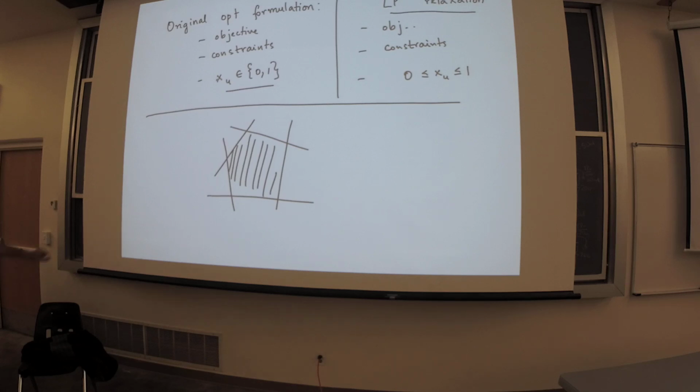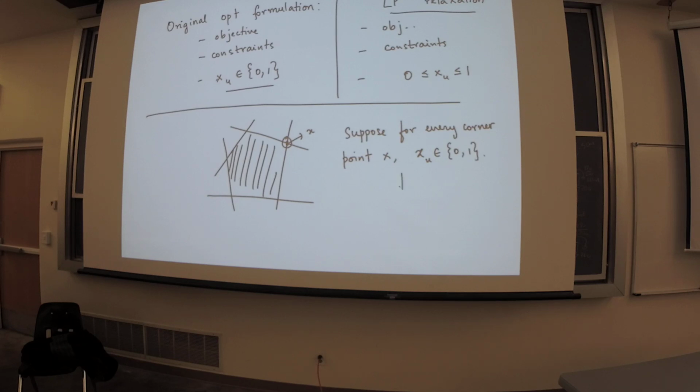Now, suppose it were true that every corner point of this actually has 0, 1 coordinates. So let's call this corner point some x, where each xu belongs to 0, 1.